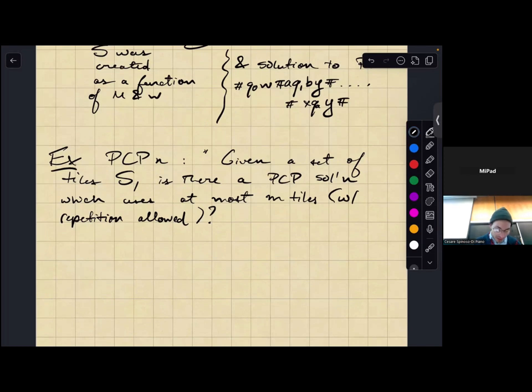Suppose you have n tiles. So let's just stop the timer, given that, oh, the timer didn't even start. That's great. So suppose you have n tiles, right? So you have T1, T2, Tn, right?